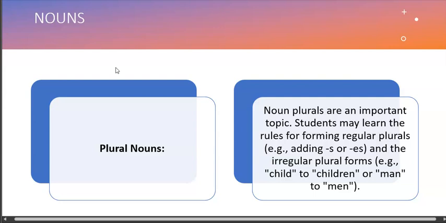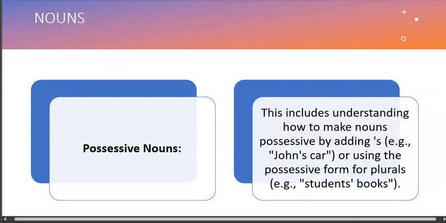And for the irregular plural, child becomes children, or man becomes men, okay? So woman becomes women. Notice that those are examples of the plural nouns. So there's a specific rule that guides people on how to find the plural for these nouns. Don't forget about that. Let's continue and look at the possessive nouns.